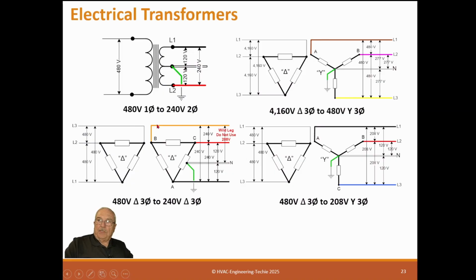But if you measure between neutral and B, which is not connected to the center tap, then it's a high leg, and it's usually 190 to 208 volts. So it's not 120 volts. You have to be careful that you never use what we call the wild leg on a delta-delta transformer. You'll figure it out right away if you measure voltages and notice this leg to neutral is not correct. So you only want to use these two power legs for 120 volt load.